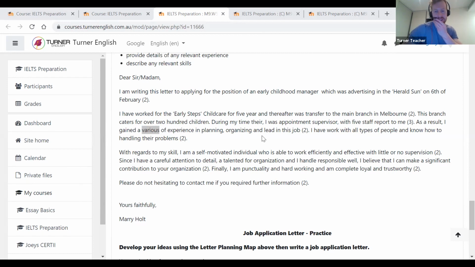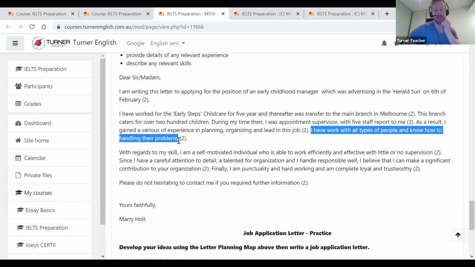A lot of experience in planning, organizing, and what's the other mistake? Leading. And why are we leading? Because it has to match planning, organizing, and leading. What is meaning leading? It's the activity when you're a leader.